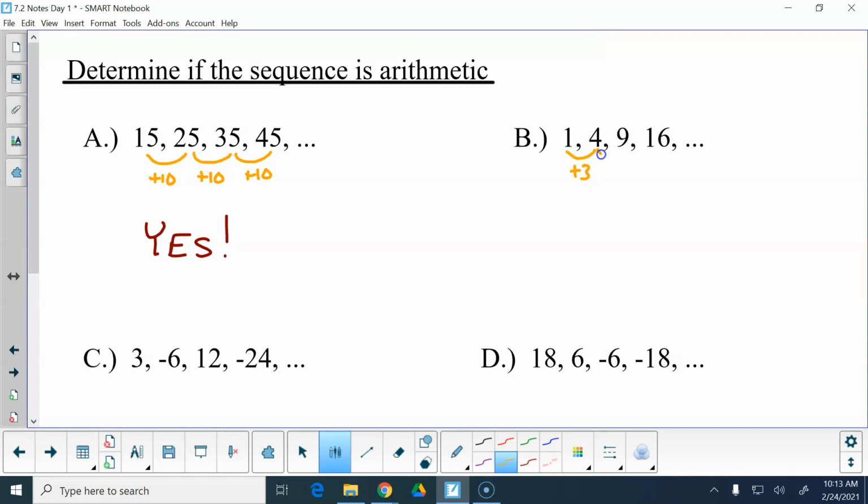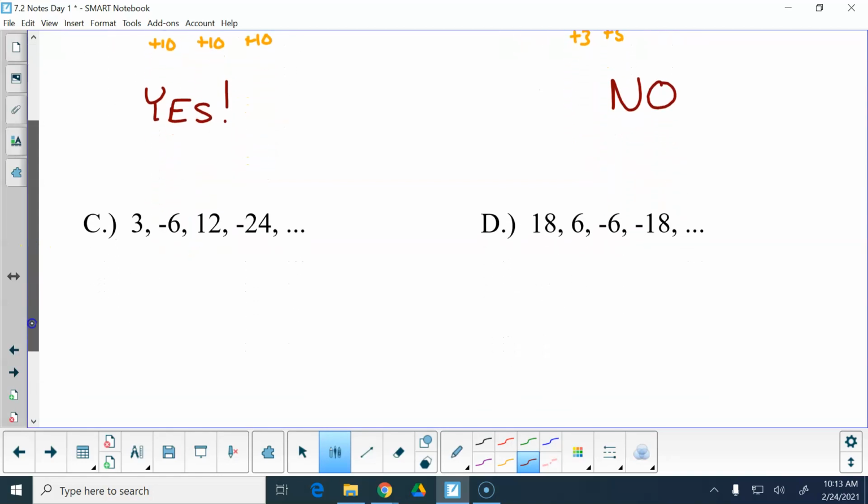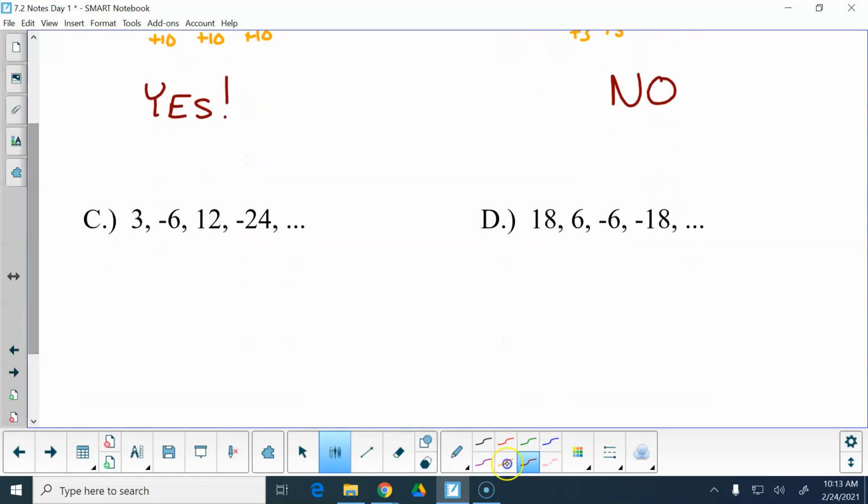Plus 3 there, plus 5. Arithmetic, not arithmetic? No, because those two aren't the same. So that's a no. That's minus 9. This is plus 18.